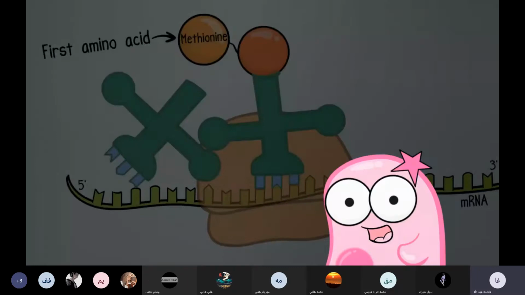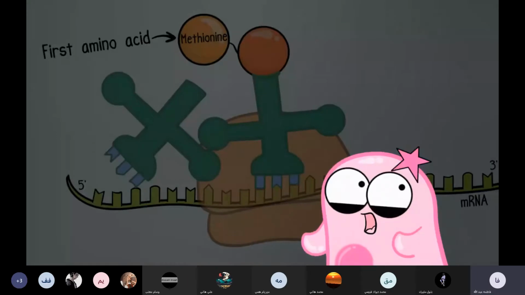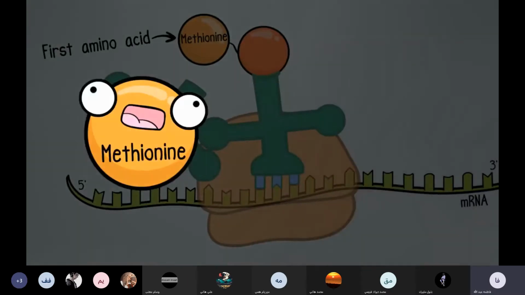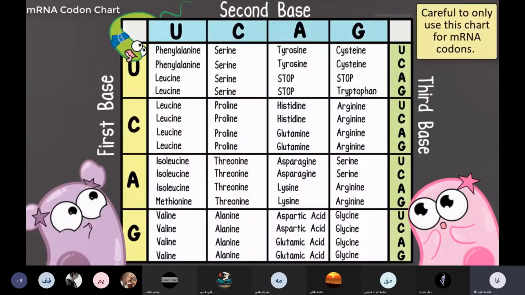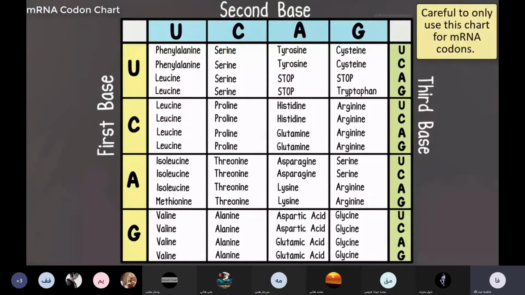Before we do the next codon, if you're wondering how did you know that the tRNA that went with the AUG codon would be carrying an amino acid called methionine? Well, for that, you will find a codon chart helpful. You can learn to use a codon chart to determine which amino acid each mRNA codon will code for.